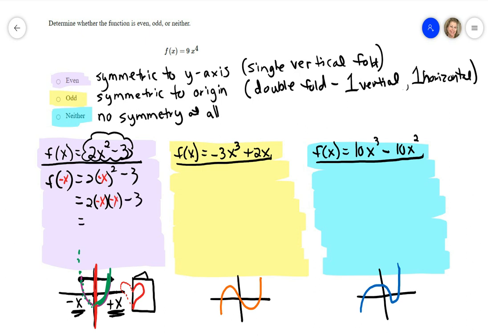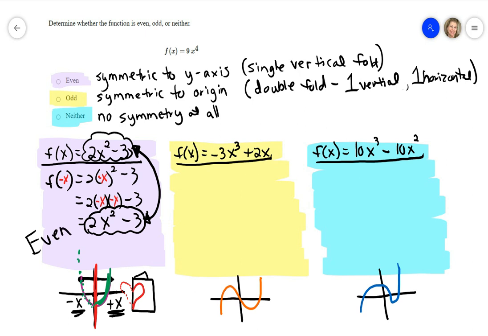Well, a negative times a negative is a positive, and x times x is x squared. And then what I'm left with is 2x squared minus 3, which is exactly what I started with. So by plugging in a negative value, you would get the exact same thing that you would get if you plugged in a positive value. That proves to me that this one is definitely an even function.